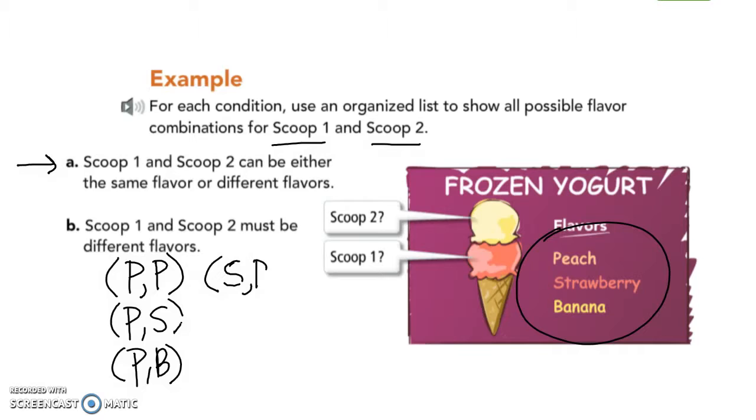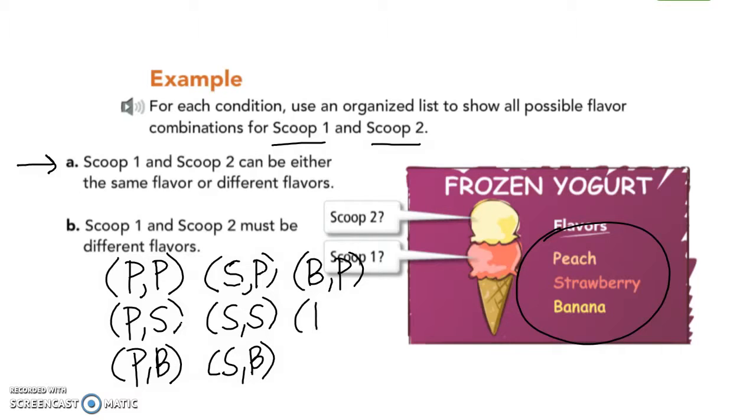Strawberry, peach, strawberry, strawberry, strawberry, banana. Okay, then let's do banana for scoop 1. So banana, peach, banana, strawberry, banana, banana.